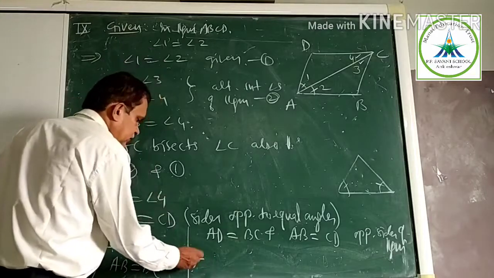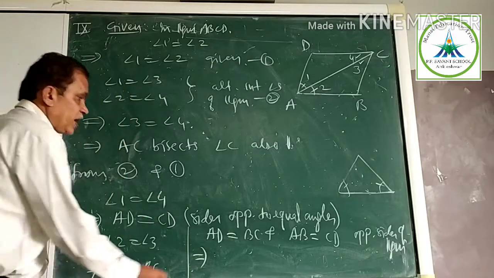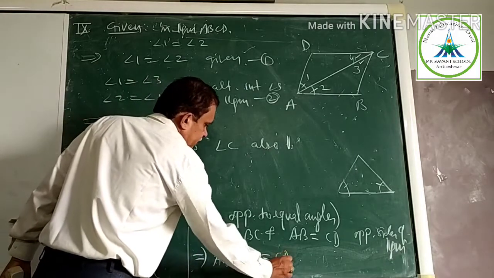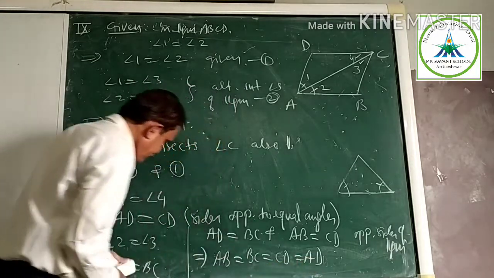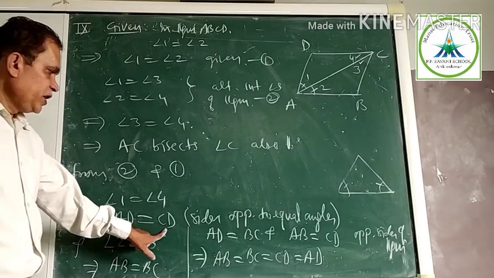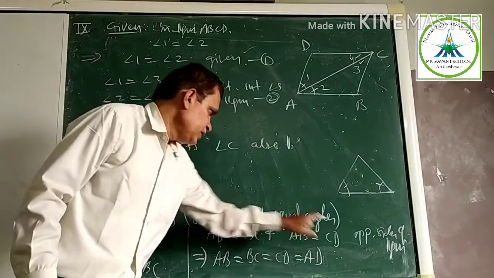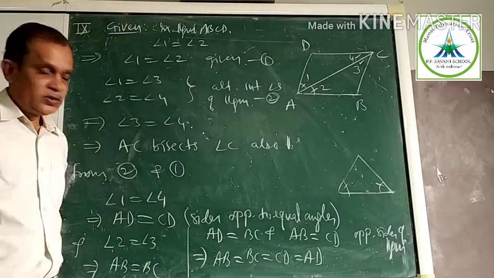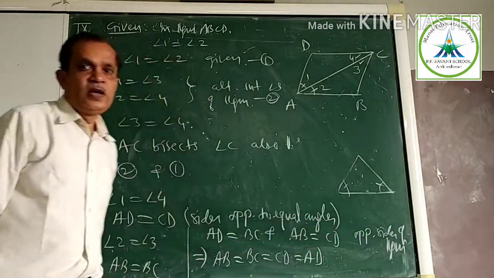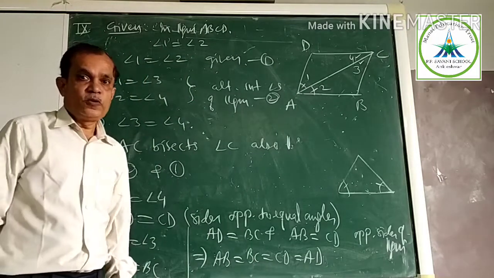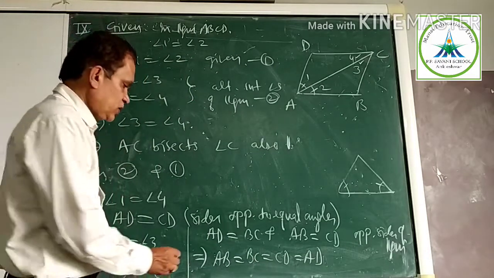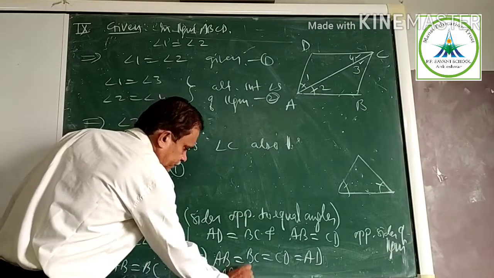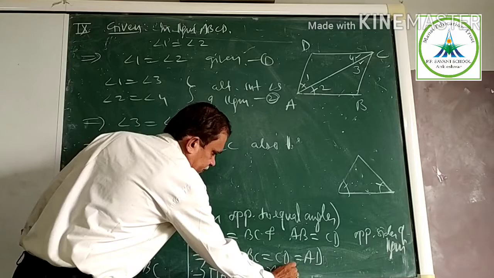So this implies AB equal to BC equal to CD equal to AD, because we proved AD equal to CD and AB equal to BC. Therefore, all four sides are equal. And any quadrilateral with all four sides equal is a rhombus. This implies that quadrilateral ABCD is a rhombus.